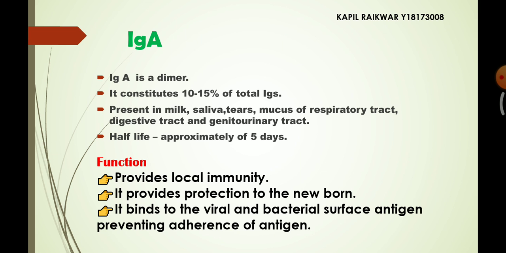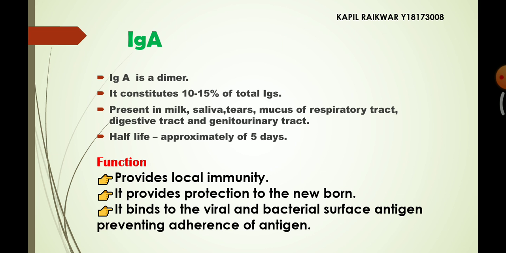Immunoglobulin A is a dimer which constitutes 10 to 15% of the total immunoglobulin. It is present in milk, saliva, tears, and mucus of the respiratory tract, digestive tract, and genitourinary tract. It has a half-life of approximately 5 days.